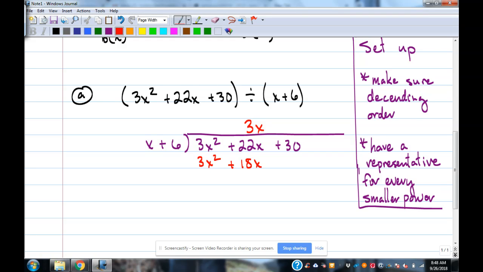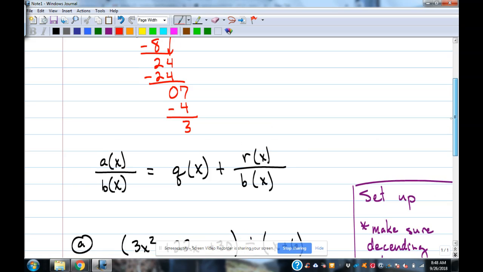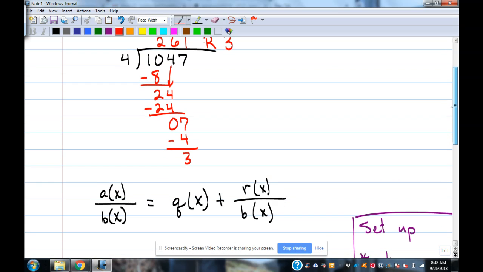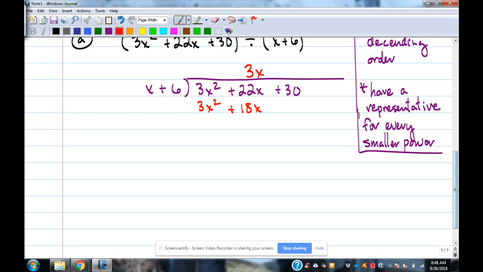Up here in our number problem, we then subtracted that. The difference is with polynomials, you're not just subtracting one piece, you're subtracting all of that. So put it in parentheses, with the minus sign out in front. Why did we do subtraction of polynomials before division of polynomials? Because we have to subtract polynomials to divide them.